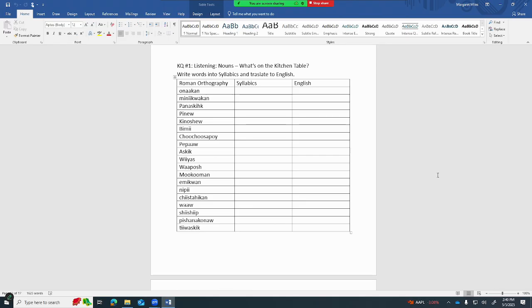Animate nouns have plurals which end in ak, as in nabeak, which means men, while inanimate nouns have plurals which end in a, as in jimana, for boats.